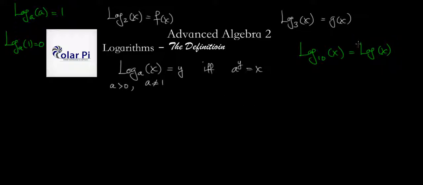Because at the start of our discussion, we said all logs come with a base a, right? So if log x is written without a base a, then it must be that the base is 10. And that's just convention. So in every book, this is true.